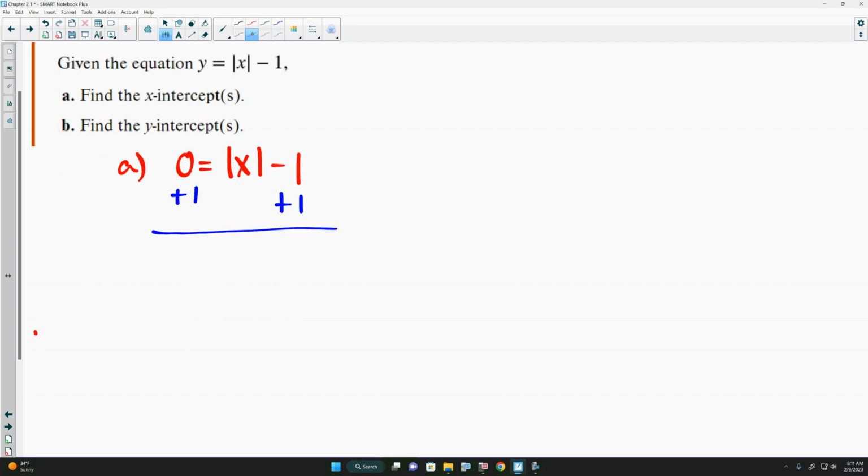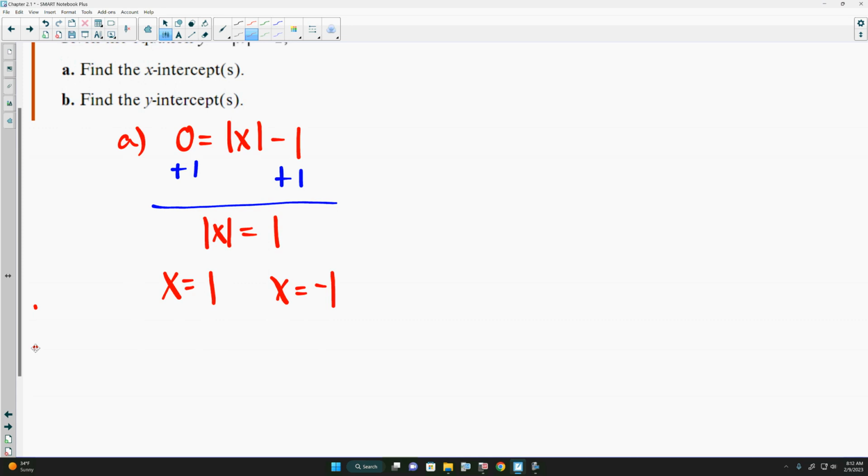So we'd add 1 to both sides, telling us that the absolute value of x is equal to positive 1. Well, we know that x is either going to be 1 or negative 1, because the absolute value of 1 is still 1, and the absolute value of negative 1 is 1. So the x-intercepts are 1 and negative 1.